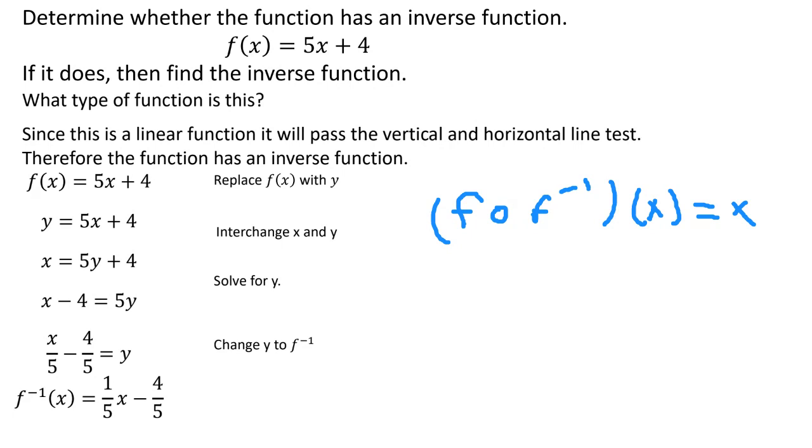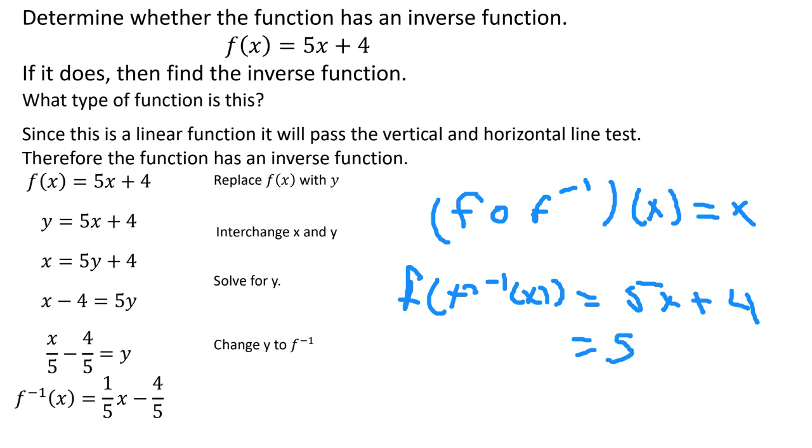f composed of the inverse. Our main function is f, so my function f of x is, again, I want to rewrite it like this. I write f, which is 5x plus 4, and everywhere I see x, I'm going to plug in my inverse function, or what I found to be my inverse function.